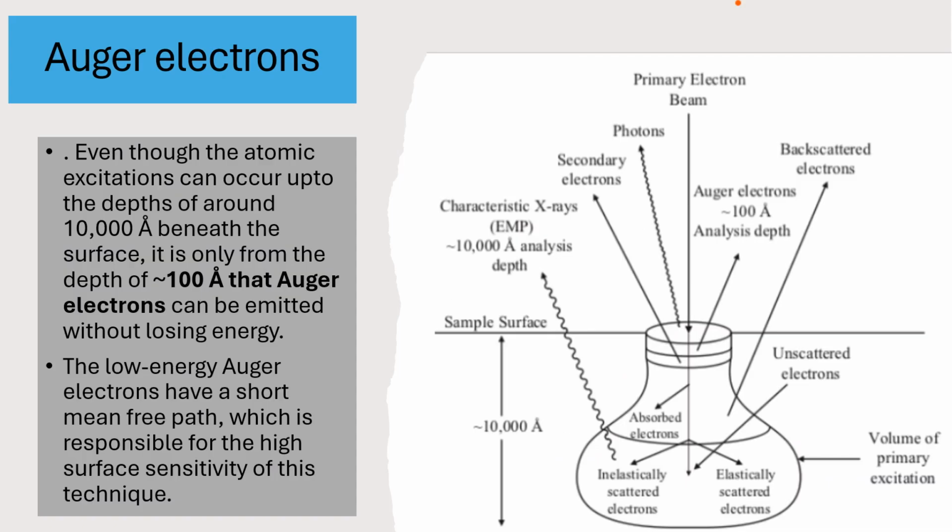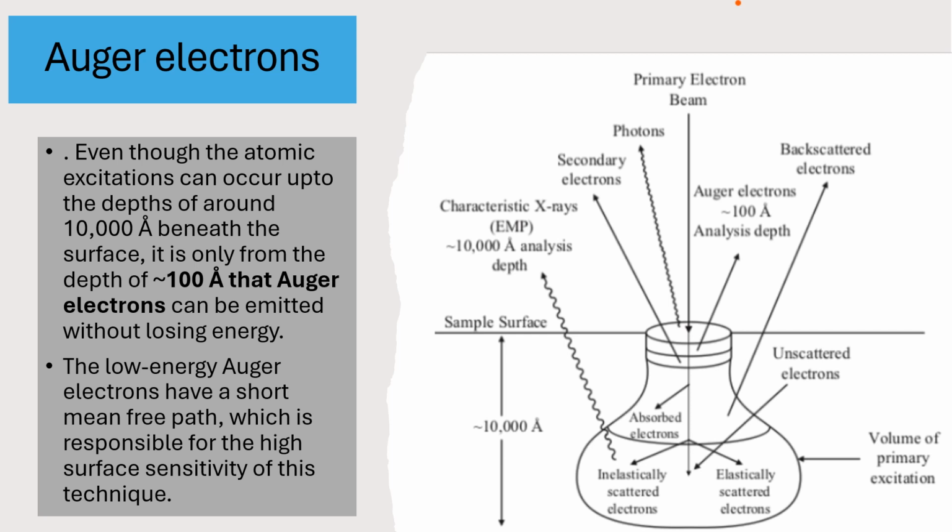So what are Auger electrons? Actually, Auger electrons are low energy electrons, with energy of 0 to 2.5 kilovolt, and they can be detected only when they escape from the near surface atoms.